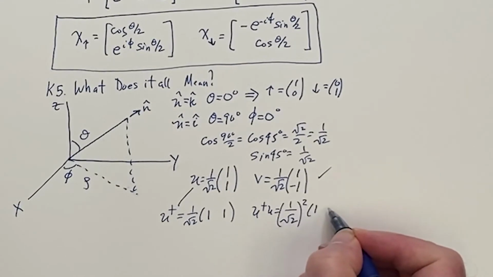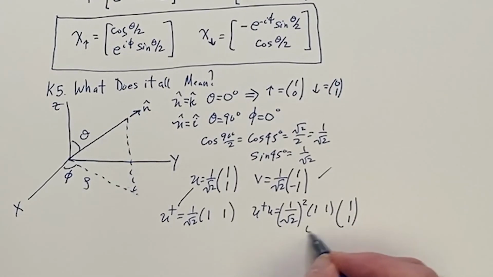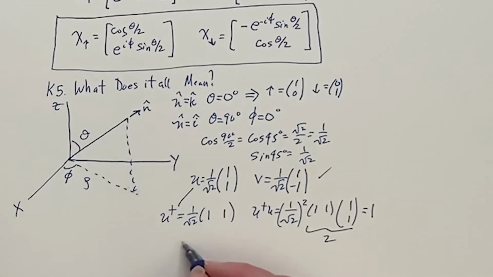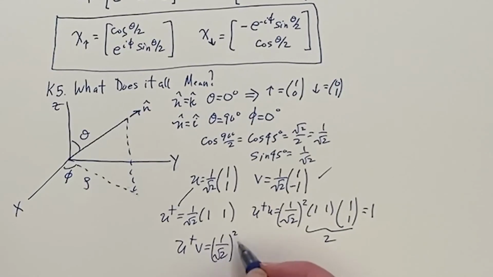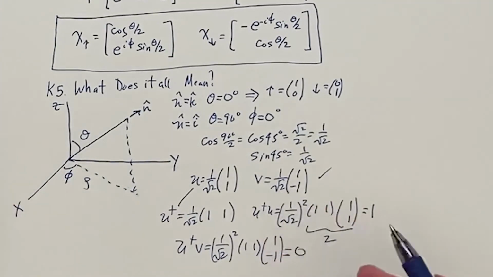You'd have 1, 1, and 1, 1. And this would be 1 plus 1 is 2. And this is 1/2, this is 1, this is normalized. And then if you did U dagger V, you would have the 1 over square root of 2 squared, you'd have this 1, 1, but then you'd have the one with the minus 1, and you turn that sideways, you get 0. So these are orthogonal.